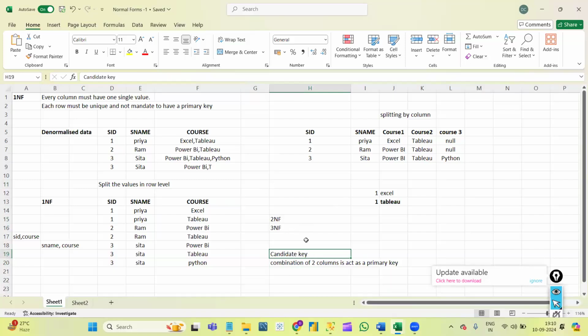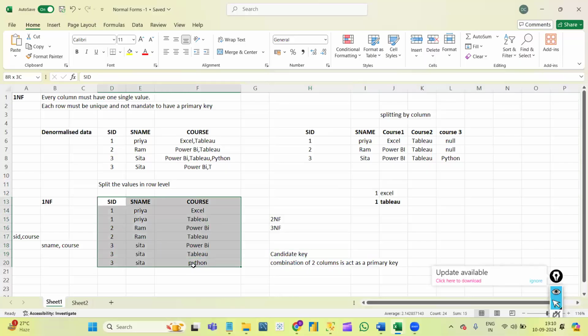Candidate key is nothing but, in any table, if we are unable to create a primary key. In this table, if you can see, I cannot use SID as a primary key, right? In those situations, or else in some tables, we can define a candidate key as well as a primary key. It's no problem.